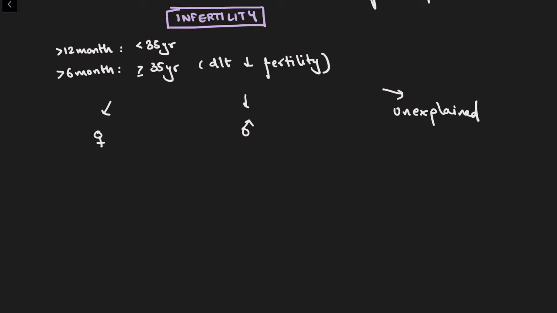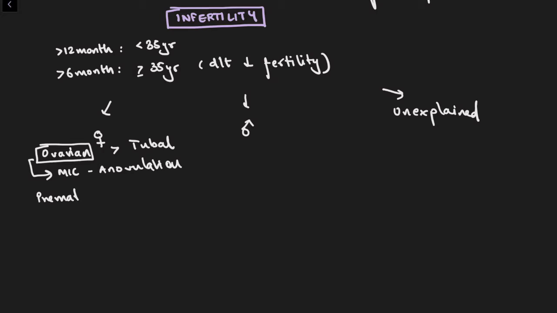In female factor infertility, it is further subdivided, but the most common cause is anovulation. Anovulation is a type of ovarian factor infertility in female, and ovarian factor infertility is the most common cause, followed by tubal causes of infertility.